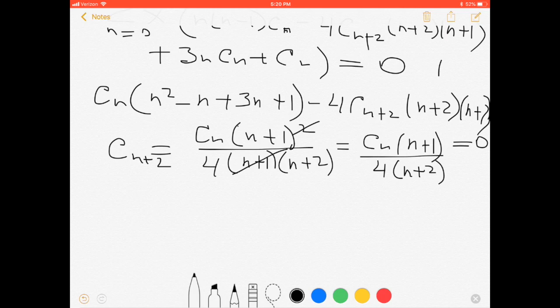What does it mean? If I have some coefficient, I can find the coefficient that stays 2 terms after. This means if I have C0, I can find C2. If I have C2, I can find C4, and continue. Remember our initial point.